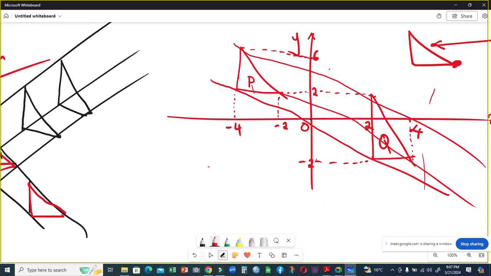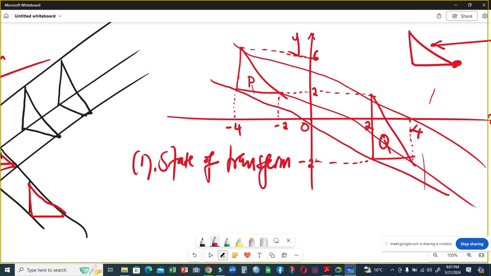So now remember, we are describing fully. So for us to describe fully, one, we need to state the type of transformation. Secondly, state the translation vector.